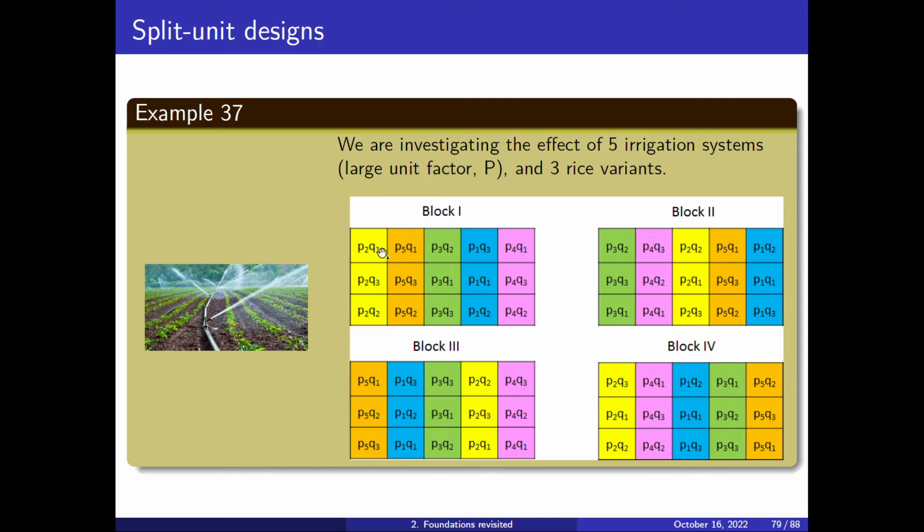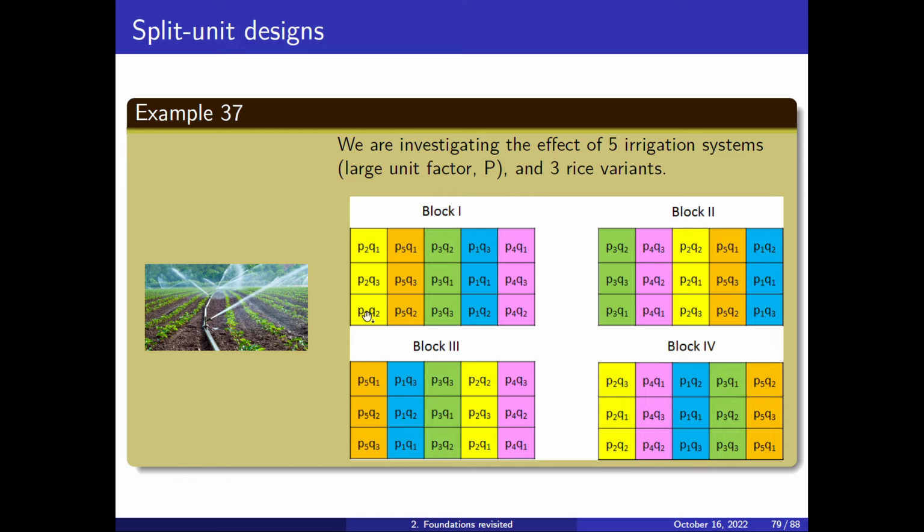Then in the first block you have this irrigation P2 with Q1, P2 with Q3, P2 with Q2. So by columns, you apply the same irrigation system, and within the columns, you split it, and you have the treatments for the second factor, which is much easier to change. That is the rice variety.